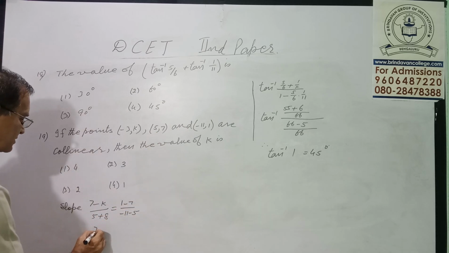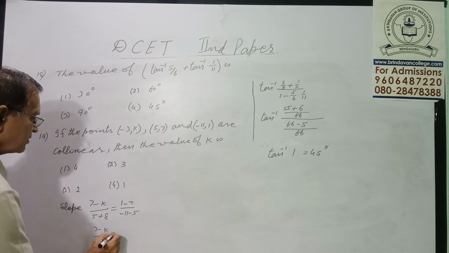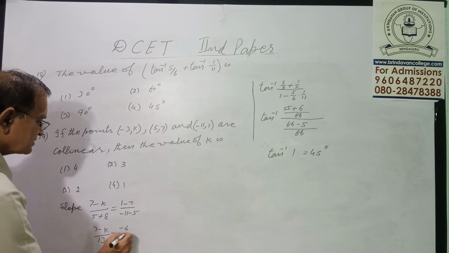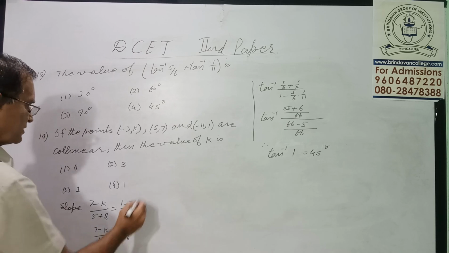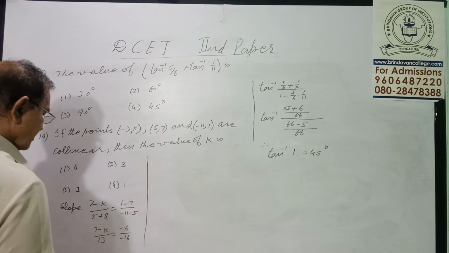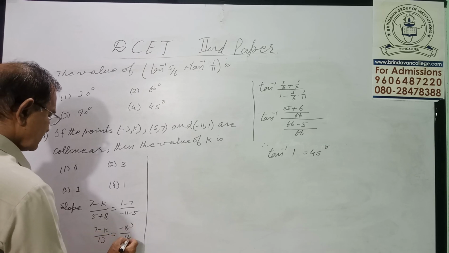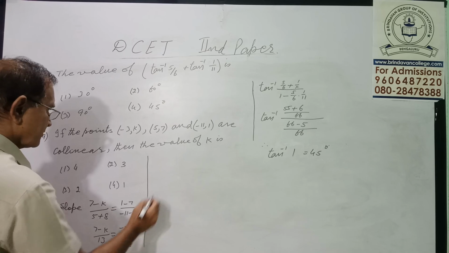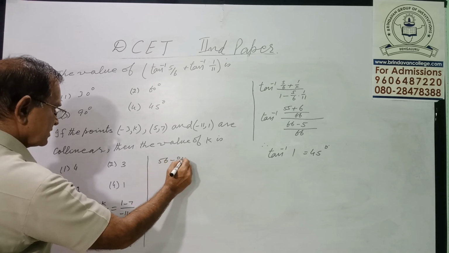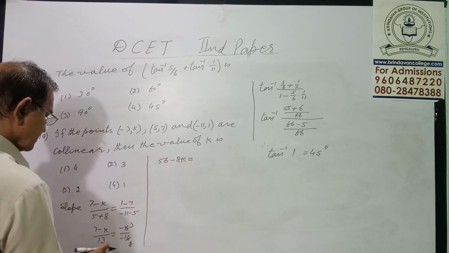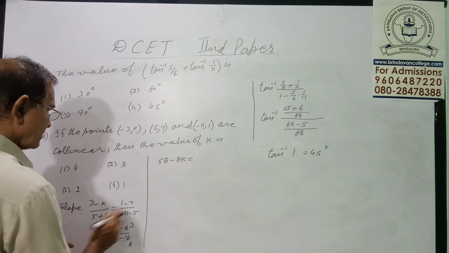So which will give us 7 minus k by 13 equals minus 6 by minus 6. And solve it. It will come out to be 56 minus 8k equals 56 with a negative sign.